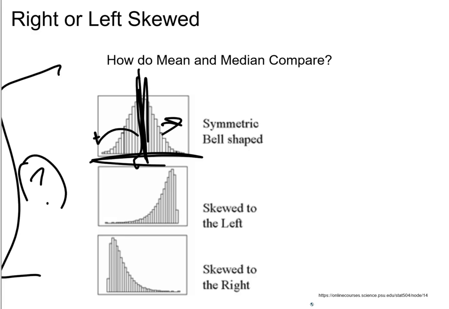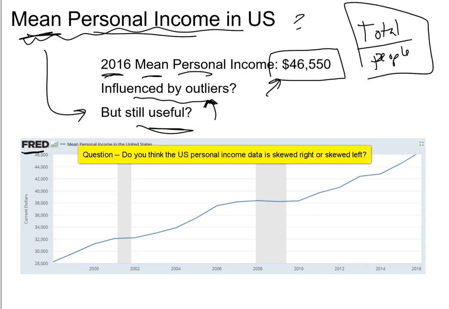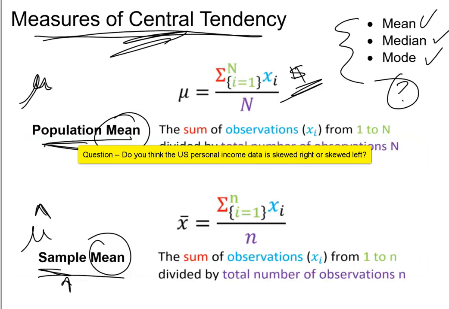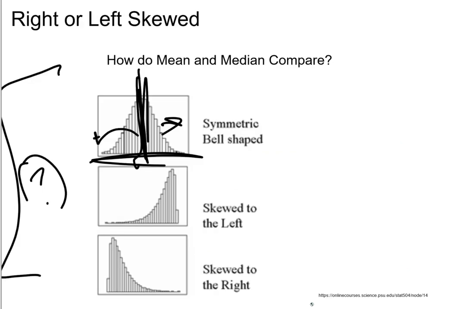So earlier we talked about that income data, and I said that income data of U.S. personal income might have a little bit of a skew to it. So real quick, hopping back to our skew pictures, which do you think is more likely representative of income distribution in the U.S.?